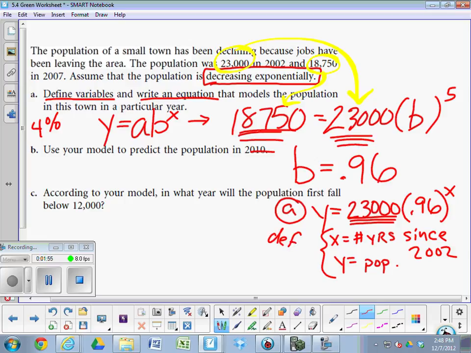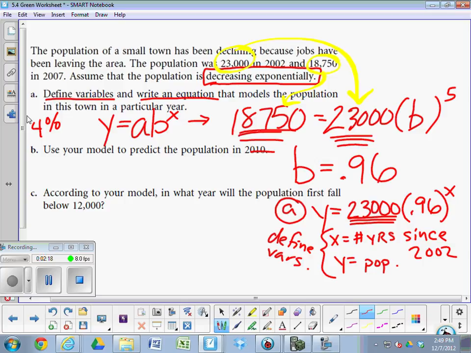Defining the variables. We've been doing that since, I'd say, 2nd grade. Don't forget to tell us what the problem is about. What does x stand for? What does y stand for? That will always help you on a lot of the tests that you're going to take later in your careers here at the high school.